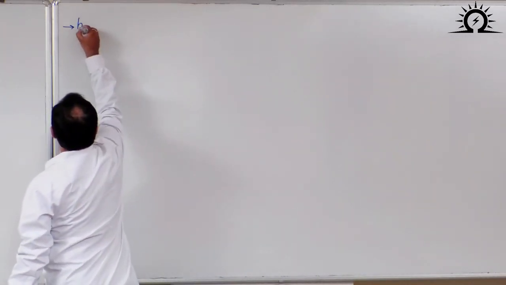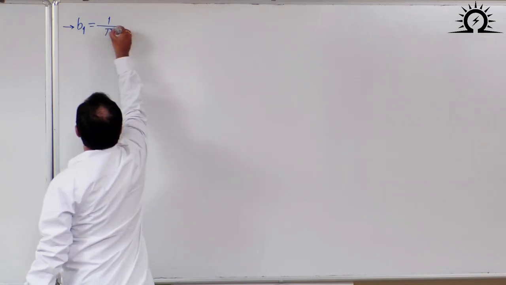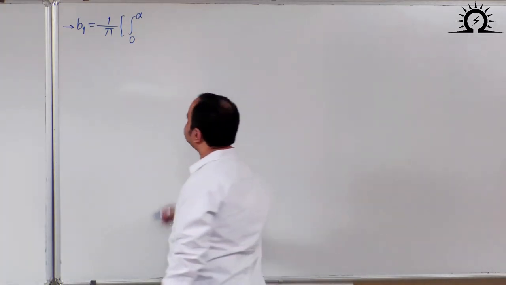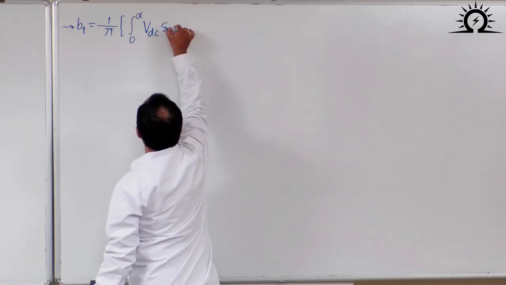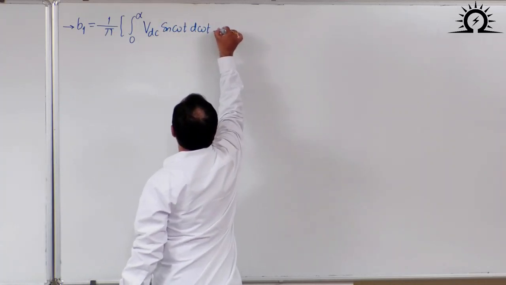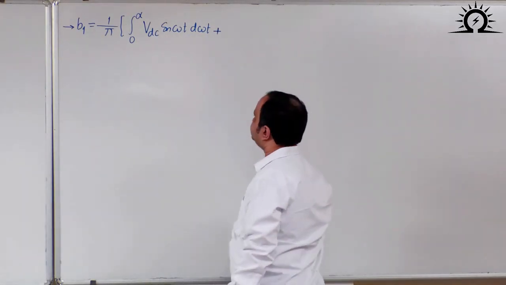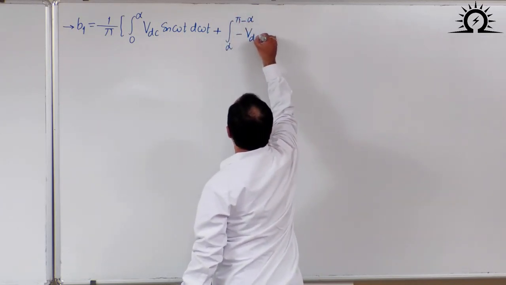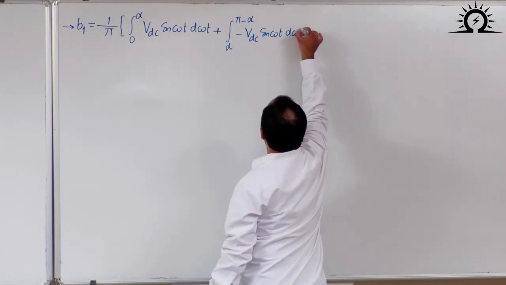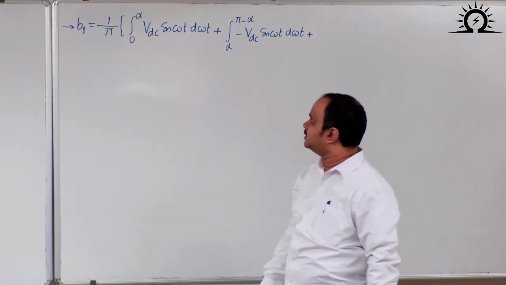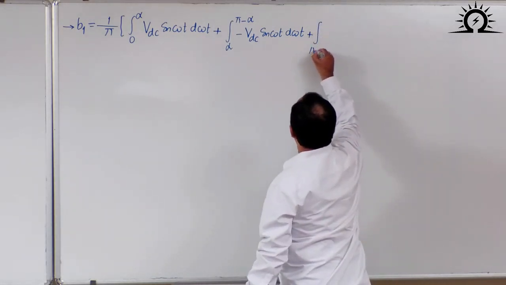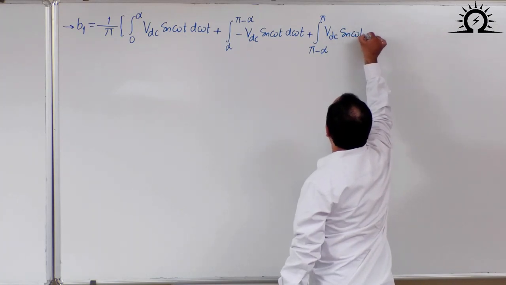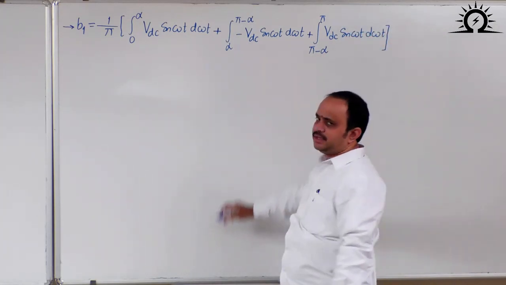Now B1 is equal to 1 by pi integration from 0 to alpha, that is VDC sin omega t, integration with respect to omega t, plus alpha to pi minus alpha, minus VDC sin omega t d omega t, plus integration from pi minus alpha to pi, VDC sin omega t d omega t.